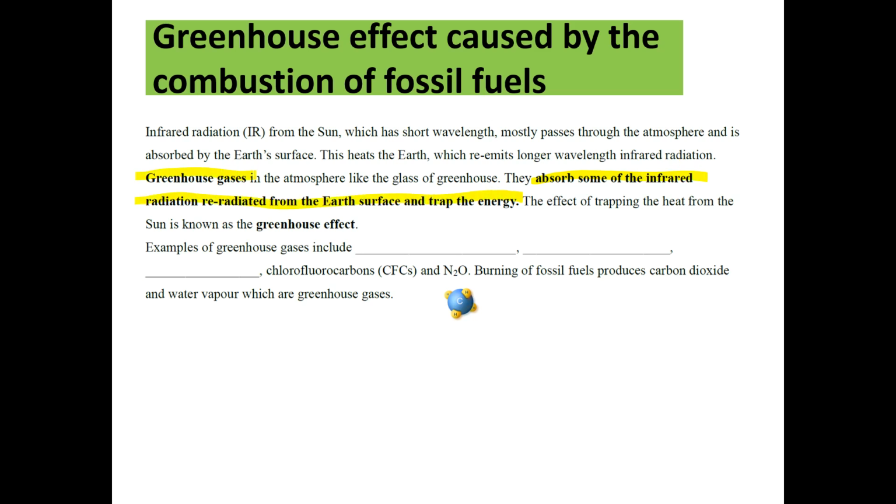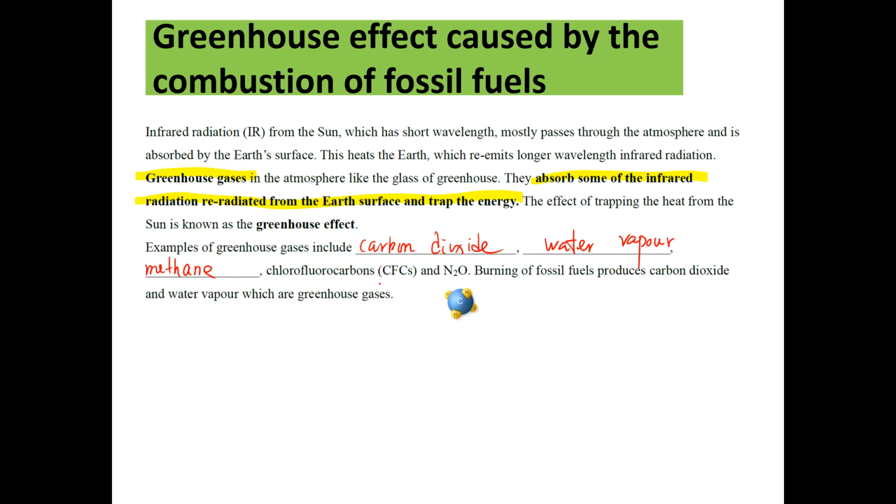Okay, very, very important. Yes, being asked in public exam. So there are some examples of greenhouse gas as you can see from the video. For example, carbon dioxide, water vapor, or methane.